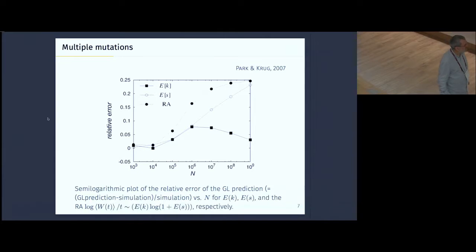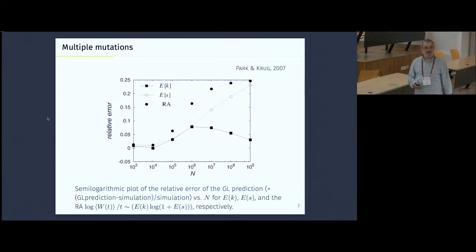So this is as a function of the population size, you see. And this is a relative error with respect to that formula that I gave you before of the adaptation rate in the Gerrish-Lenski theory. This is for different quantities.